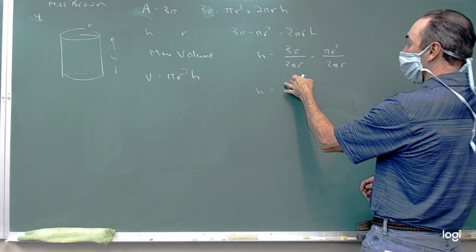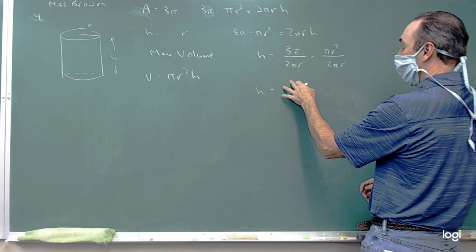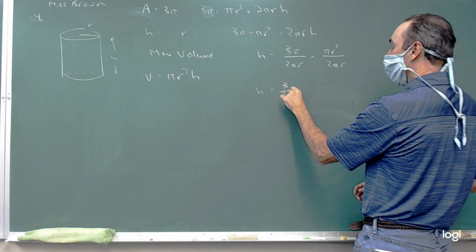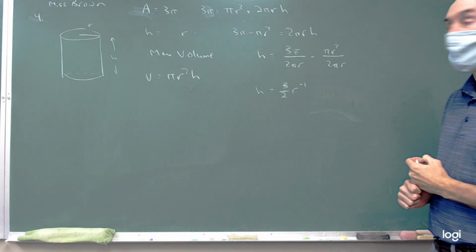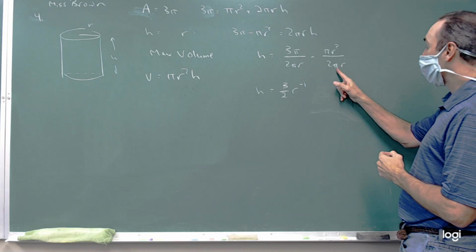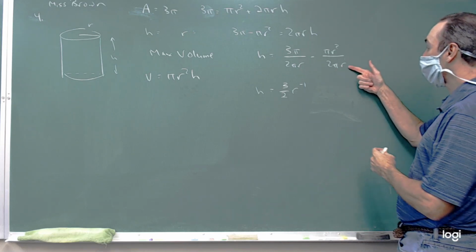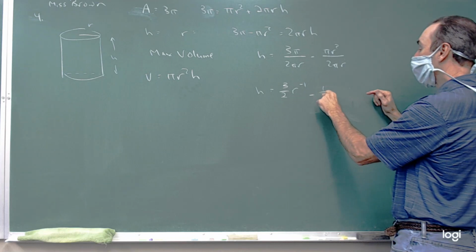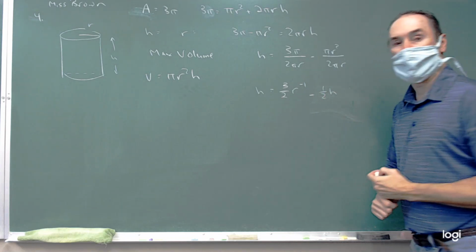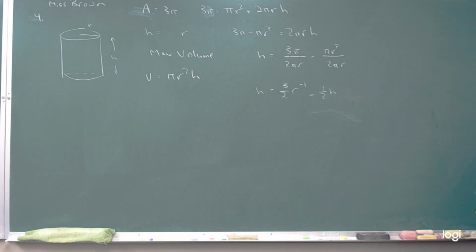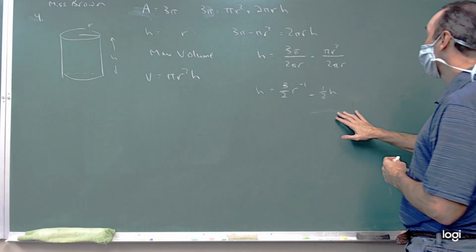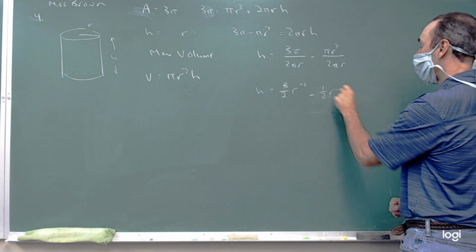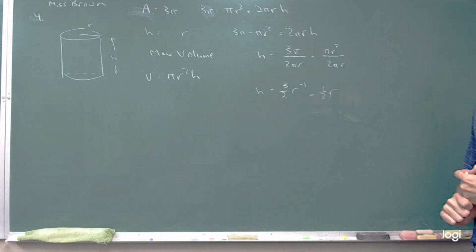Then we can cancel the pi's, and I'm going to write that as 3 halves and then call that r to the -1. You don't have to do that. And then here, the pi's cancel and one of the r's cancels. So I'm going to write that as a -1/2 r for our h. Is that okay? Is that an r? Clearly that's an r.